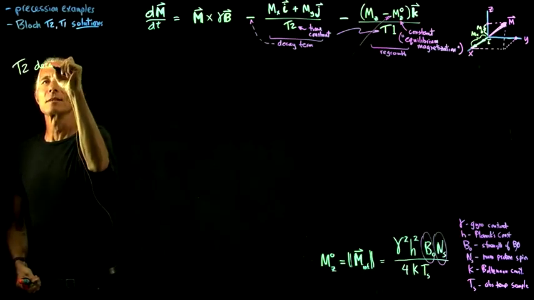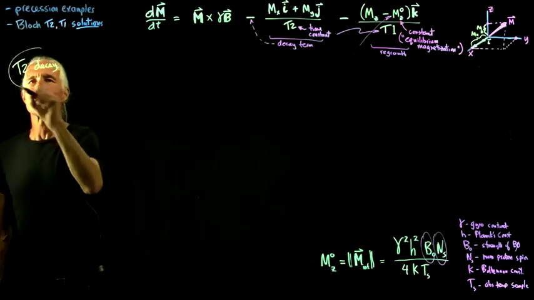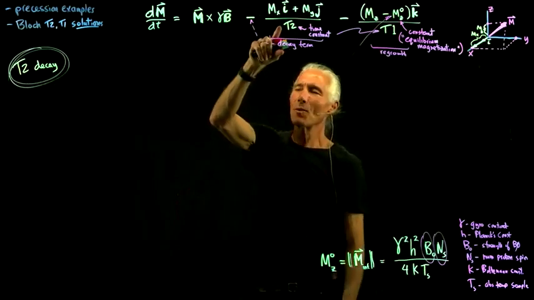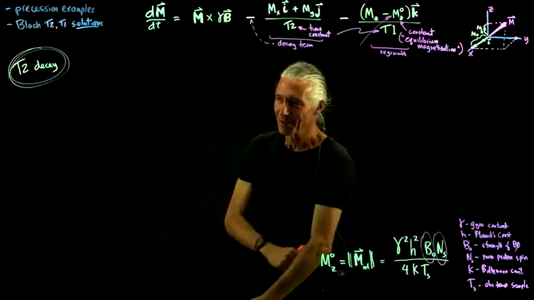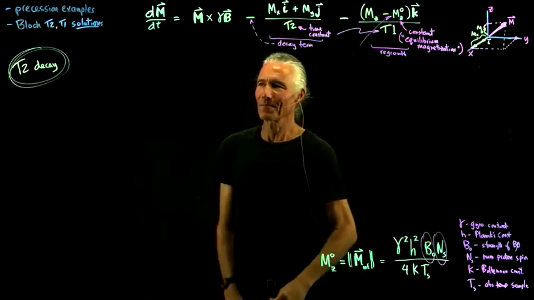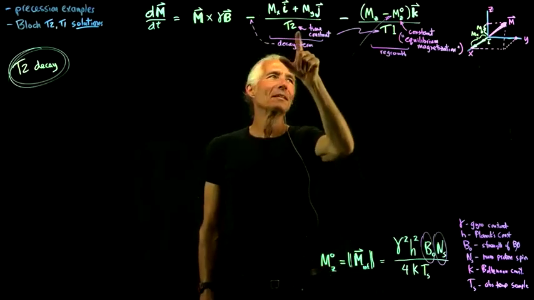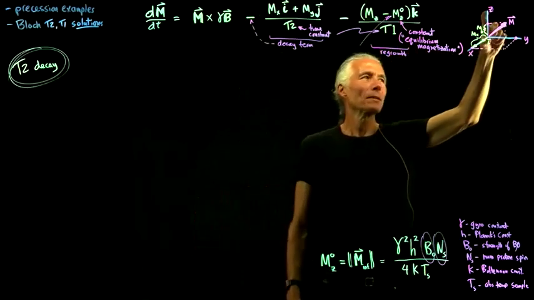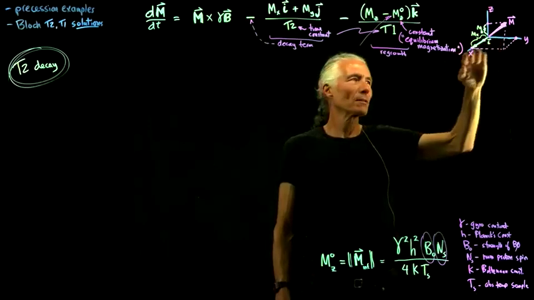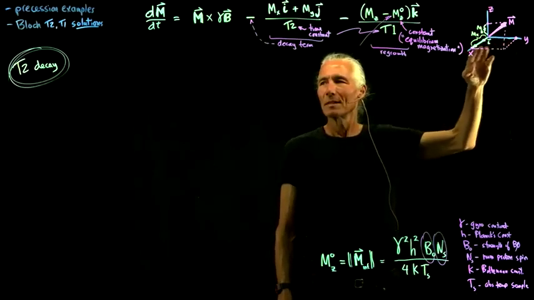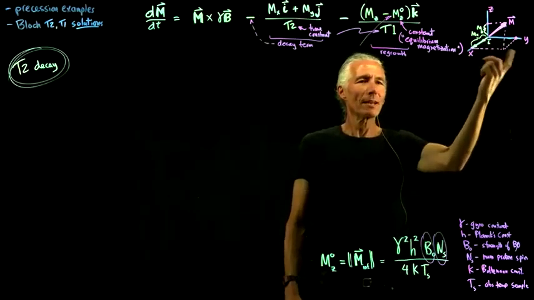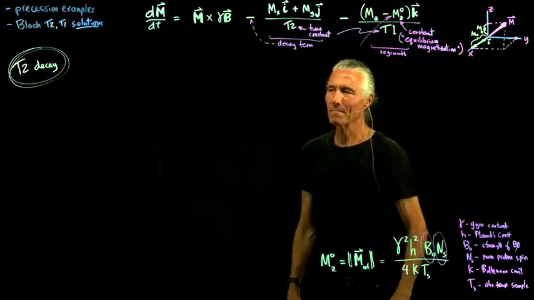What is the solution to this thing? One thing you might wonder is how can we just solve for one of these guys and ignore the other ones? Well, the trick here is that they're all perpendicular to each other. The T1 is related to the z component. The T2 is related to the xy component, and the precession is rotating around in the xy plane.